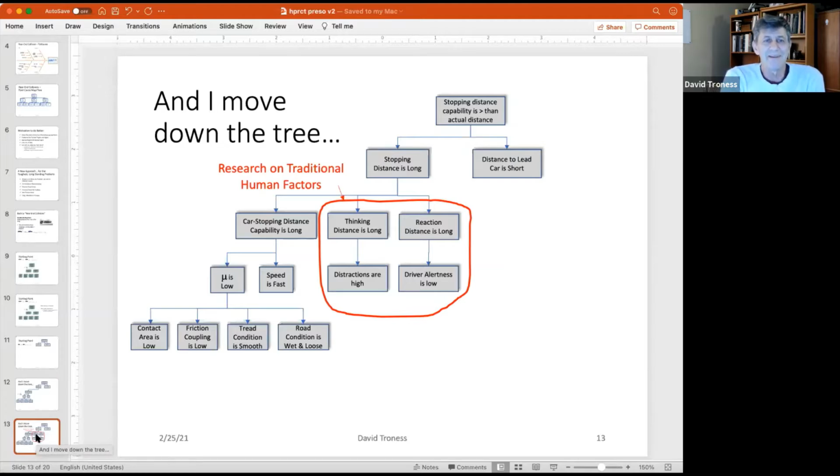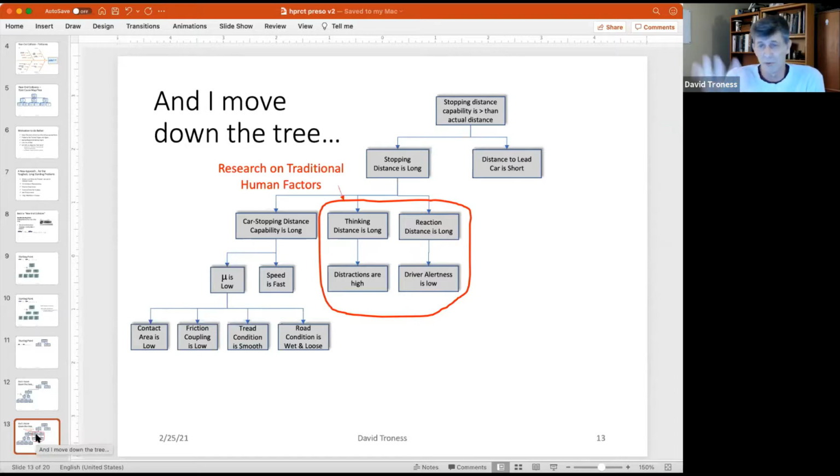So the idea of how long is a human going to spend observing and understanding what it is they're looking at, being able to gauge a distance or whatever. And then there's a reaction time. Once I do know that, oh my God, I do need to stop, what's the reaction time that people have? Those are very small times, but very critical in being able to avoid a collision.